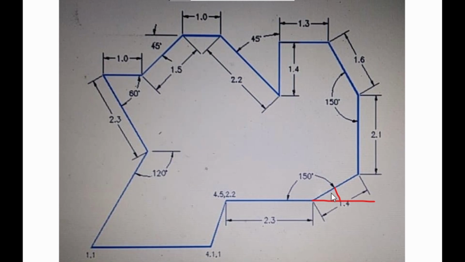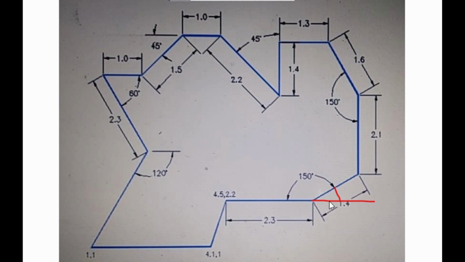So to get this missing value, we can see that from this base angle to this particular line segment, it formed the full arc of a semicircle. And we all know that the full arc of a semicircle is equivalent to 180 degree.